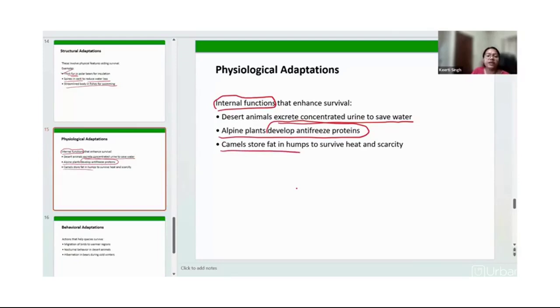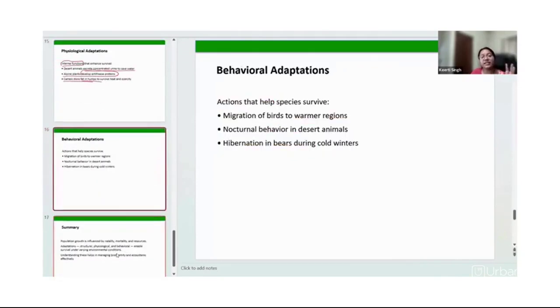And the camel, for example, stores fat in humps to survive heat and scarcity. So these are all physiological adaptations, something that is happening inside the body of an animal or inside the plant's body. And next is the behavioral adaptation.